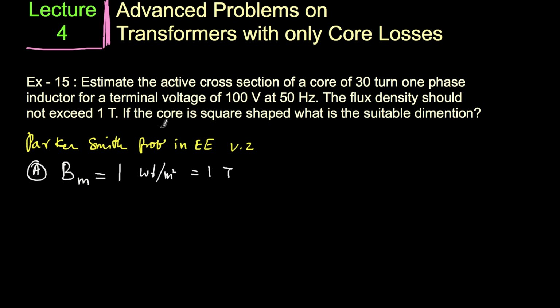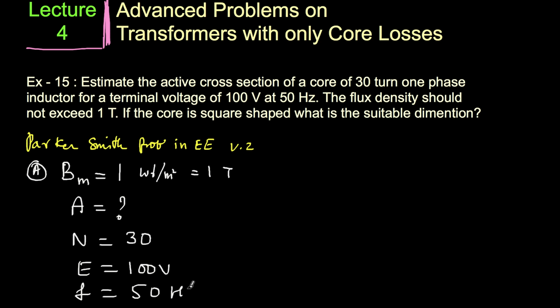The maximum flux density is given, and I have to find the area of cross section. And also the number of turns is given. So N is equal to 30, and the terminal voltage E is given as 100 volts. What about frequency? Yes, frequency is also given. Frequency is 50 hertz.